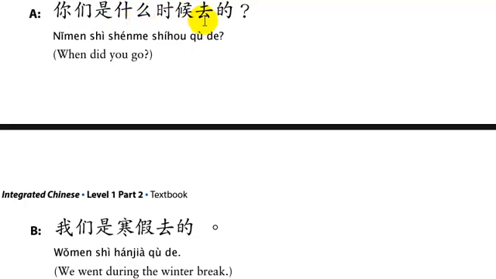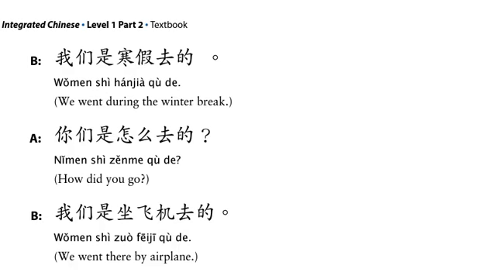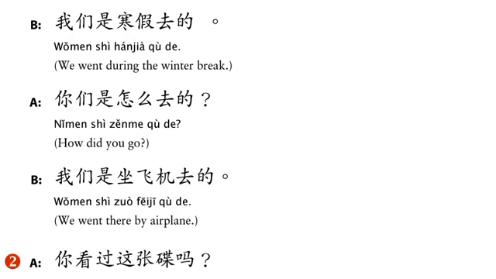The what time went is sitting in between the 是 and the 的. 你们是什么时候去的? It almost appears as if this 是 and 的 is unnecessary. Okay, let's keep going. But unfortunately it is.